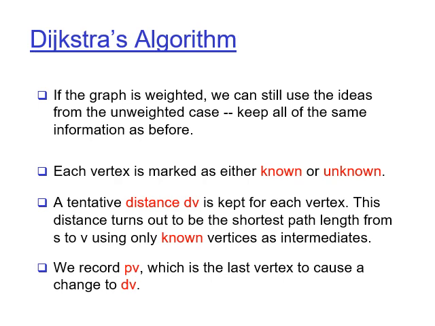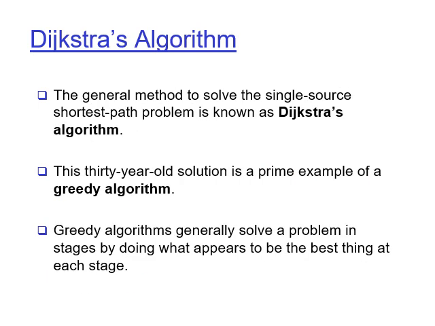Let's move on. So the general method to solve the single source shortest path problem is known as Dijkstra's algorithm. This is a 30-year-old solution and it is based on the greedy approach.